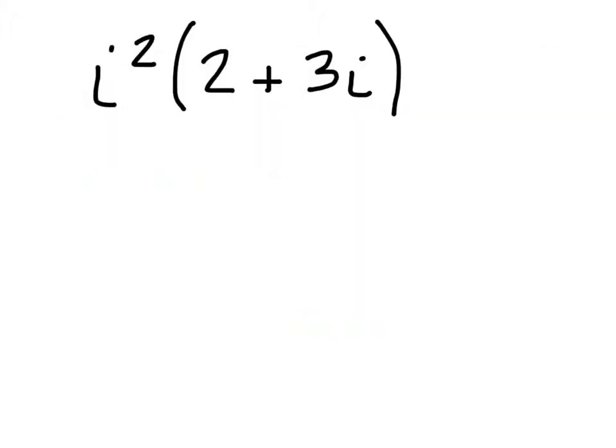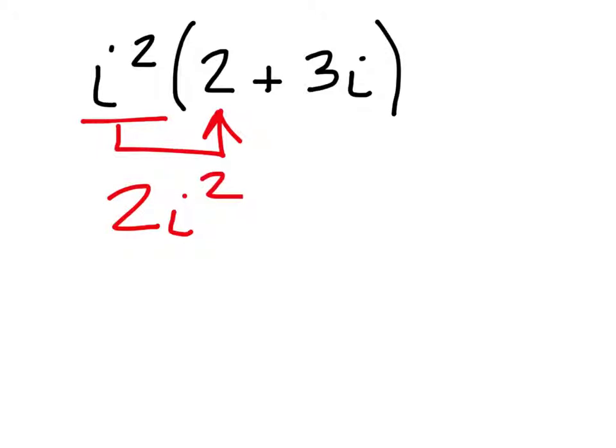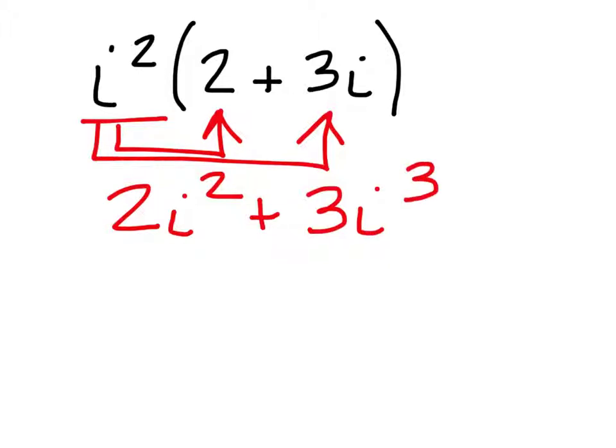Example 3. In example 3, this is essentially just half of one of the problems we just did. All you're doing is multiplying a quantity by one term. So you would do i squared times 2, which is 2i squared. And then i squared times 3i is 3i to the third. Make sure you add the exponents properly.